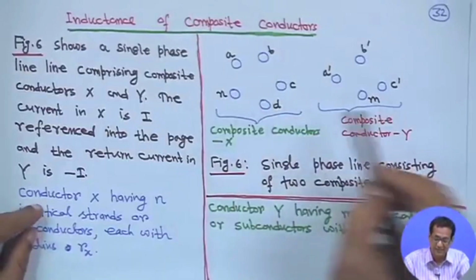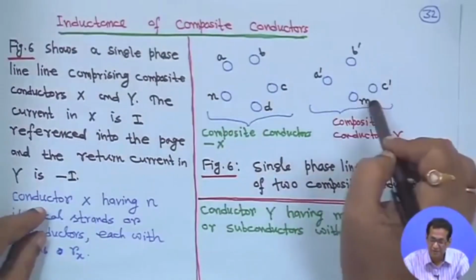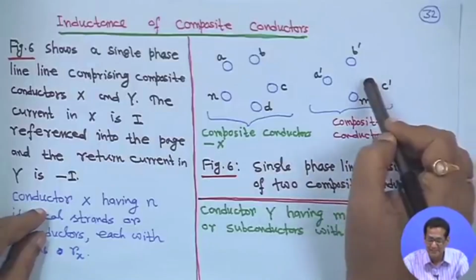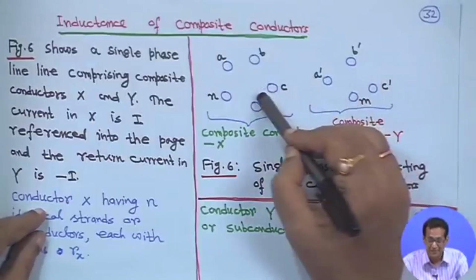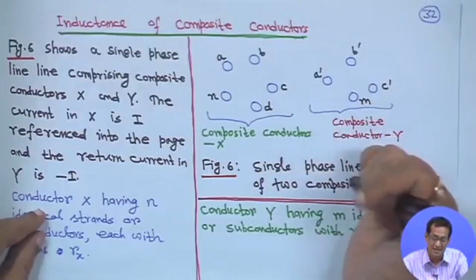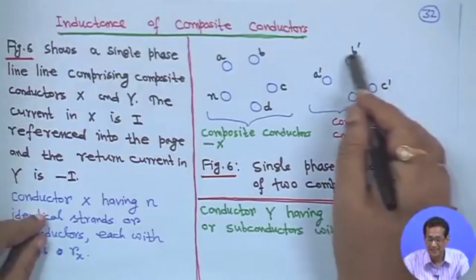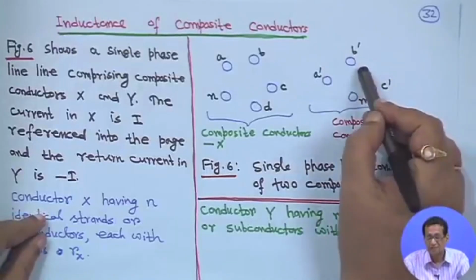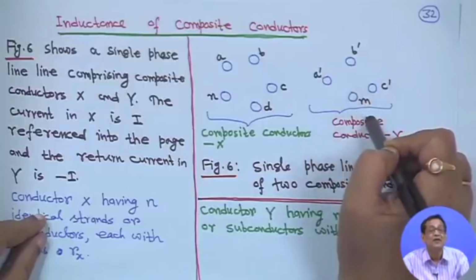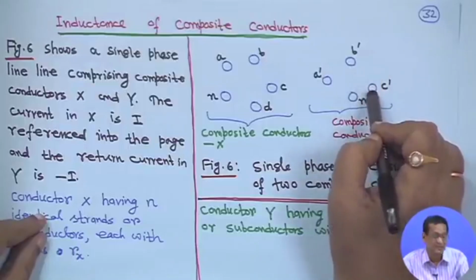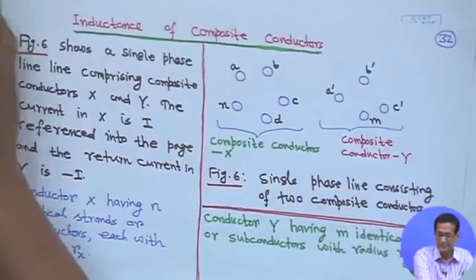Here also the current is I, but it is the return path. So, if this current is positive I, this current will be minus I, and each conductor returning current will carry minus I by m, because here you have m conductors.